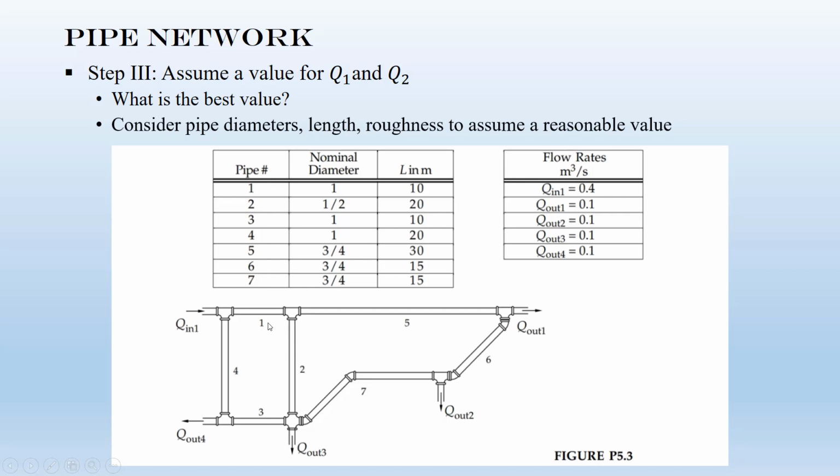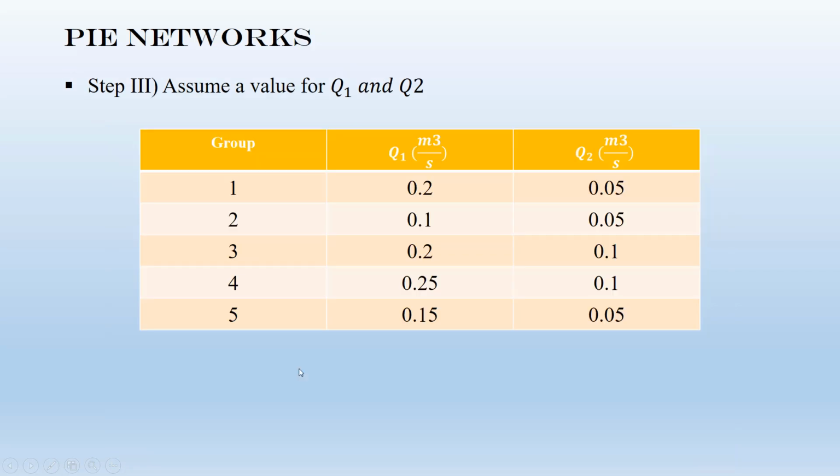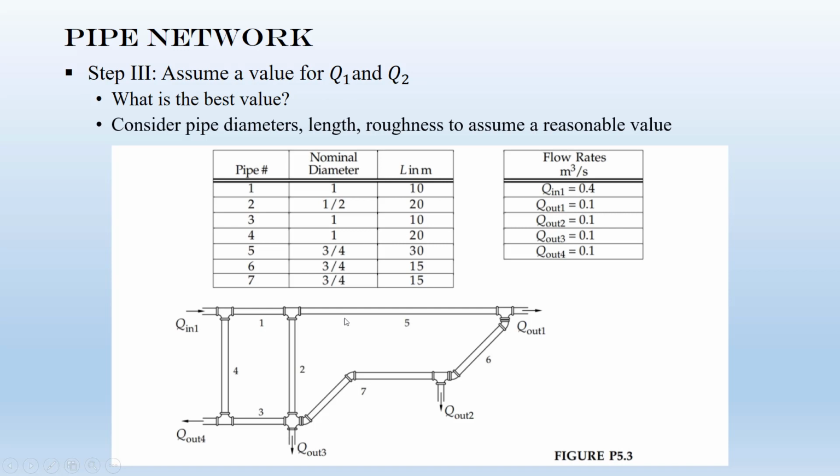I assume the volumetric flow in pipe 2 is 0.05 cubic meter per second. I selected this based on the pipe diameters.